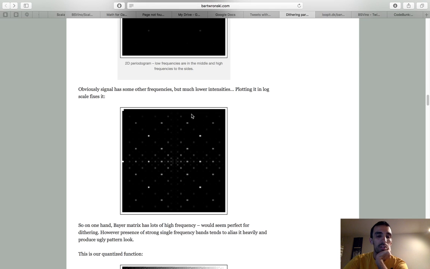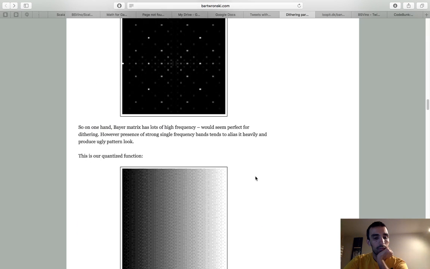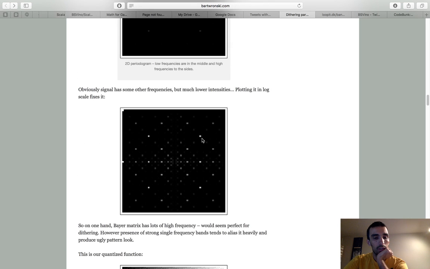So the signal itself has a lot of frequencies at a very interesting distribution around the origin here. I believe the origin is the lowest frequency signals. I believe that's how to read this. And the farther out you get, these are low frequencies, and out here, these are high frequencies.